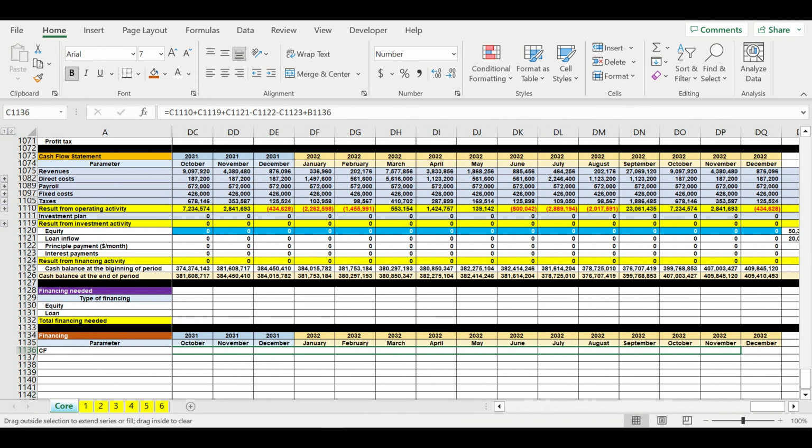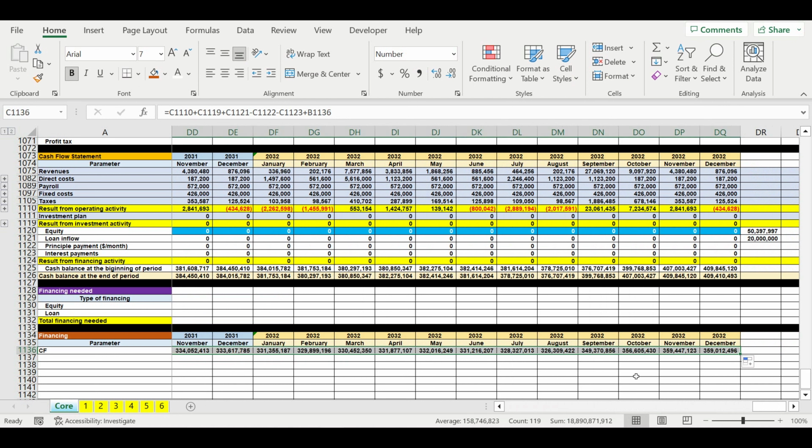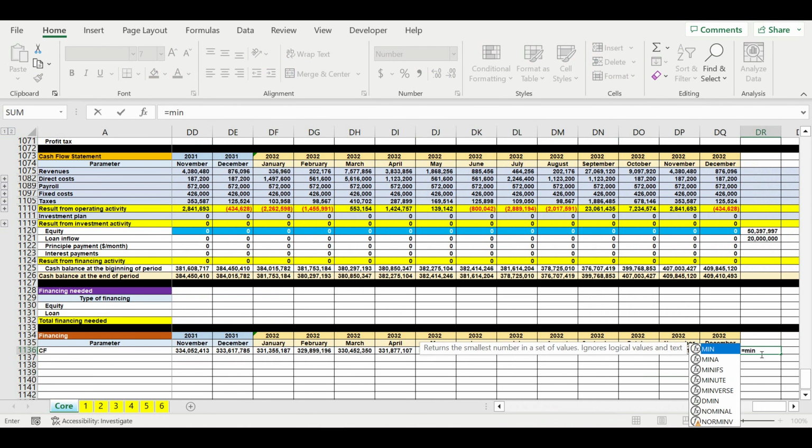Now I will write a very simple formula. I will just find the minimal value in this line.